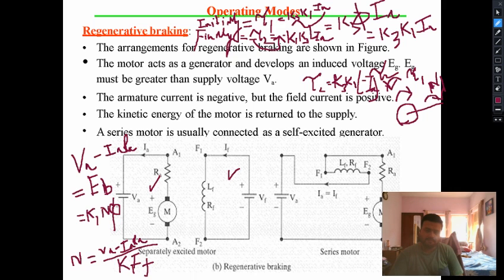So that means during regenerative braking, your EB, or the back EMF, should be greater than VA, or the applied voltage.